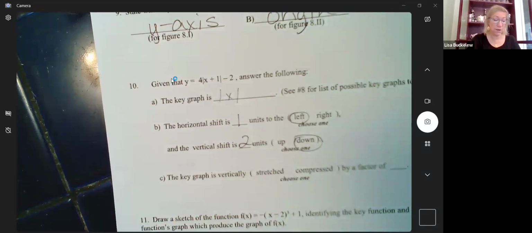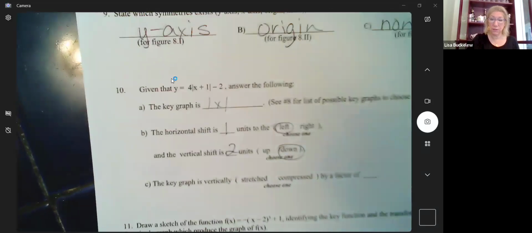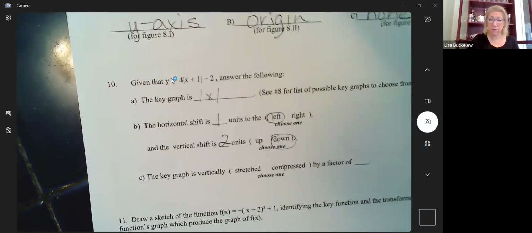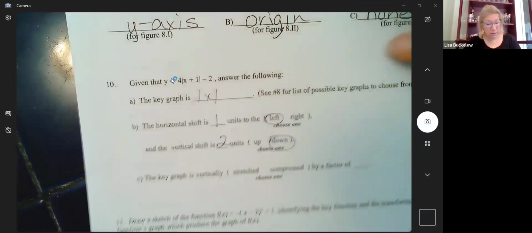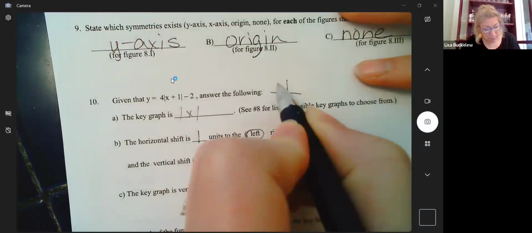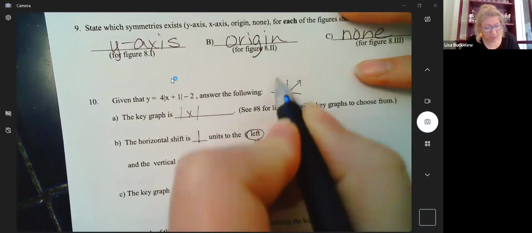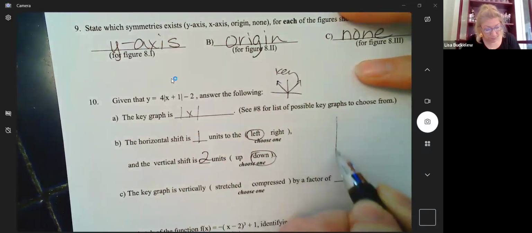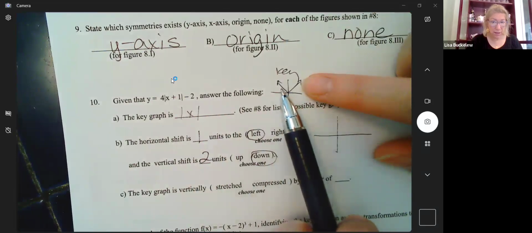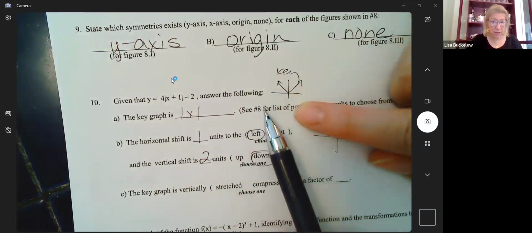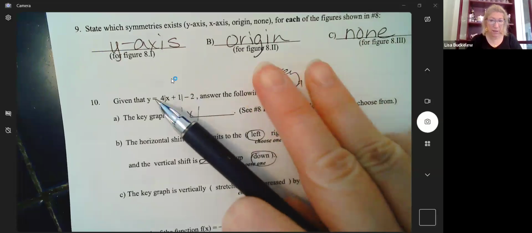So if this was regular absolute value right here, that's the key graph. Every point on this one has been moved 1 unit to the left and 2 units down. So the whole thing goes left and down.